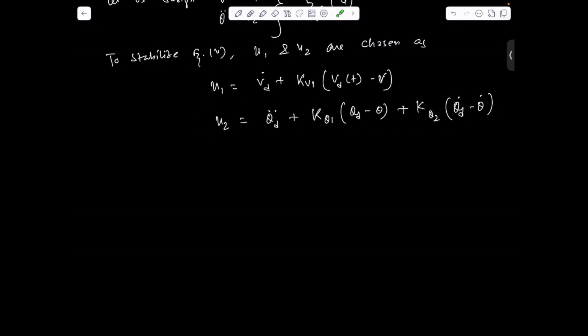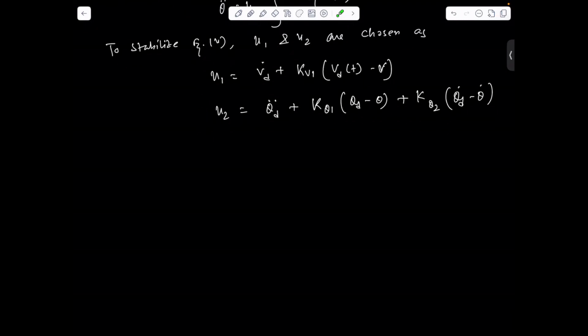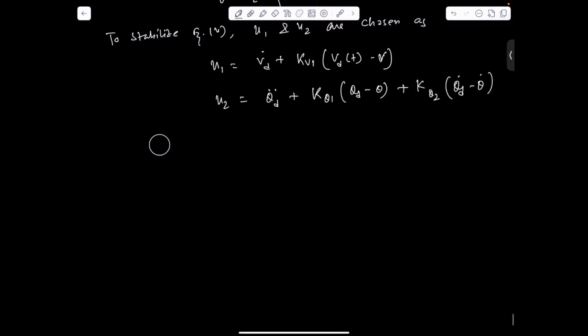So here, basically, what we have is the system. For example, this is our system. Let me first define this problem, this equation, and how it is happening.